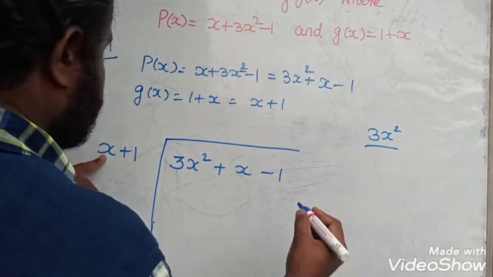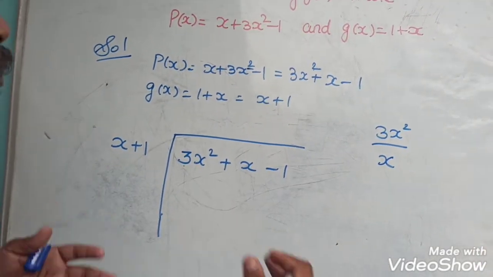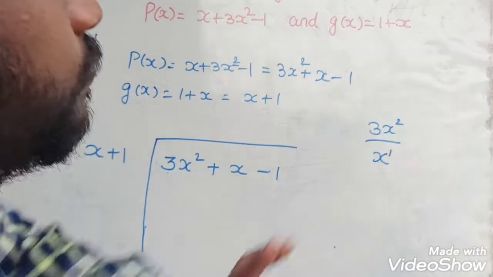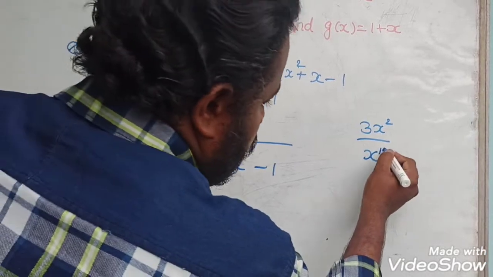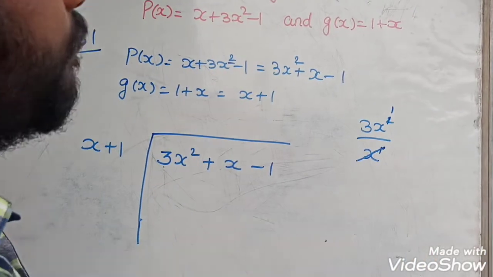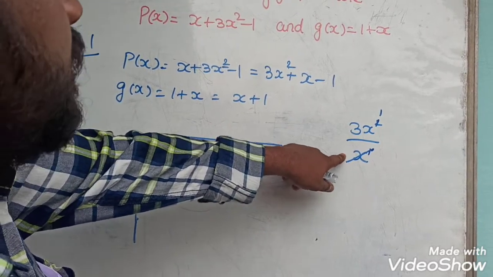3x square can be divisible by x. Just recall it from 8th standard, exponents and powers. Here the power is 1, here the power is 2. Which is smaller? This one is smaller. So it will cancel totally. Here the remaining is 1. We can't simplify the 3 because there is no constant here.